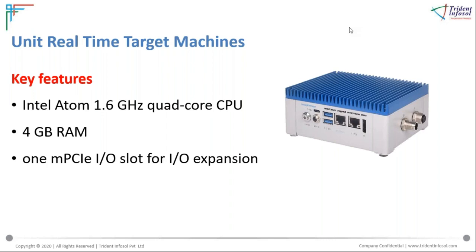The key feature is that you can run any real-time application created in Simulink, and you can achieve sample rates of about 20 kilohertz with the help of an FPGA IO module. I'll give you details of the FPGA card later in my presentation.